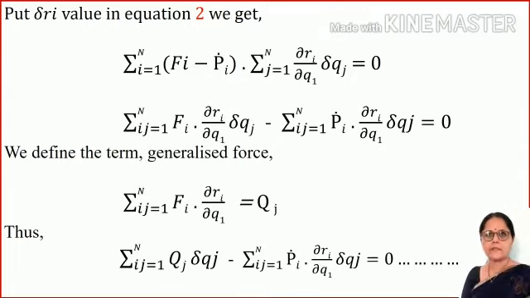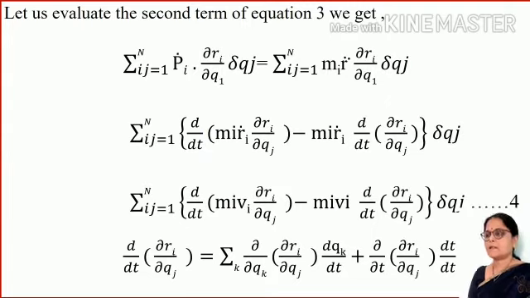Here, the first term is called the generalized force Qj, that is equal to summation of i, j equal to 1 to n, Fi into dRi/dQj. Thus, summation of Qj delta Qj minus summation of Pi dot dRi/dQj into delta Qj.